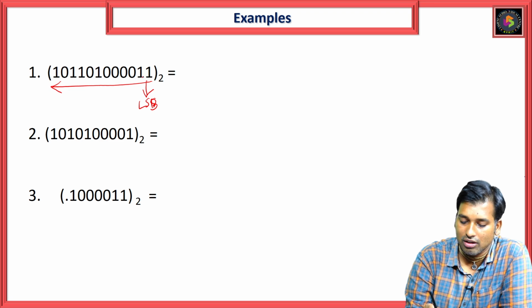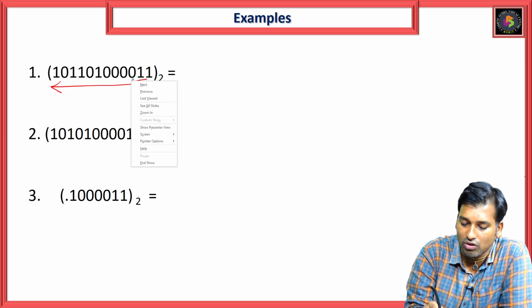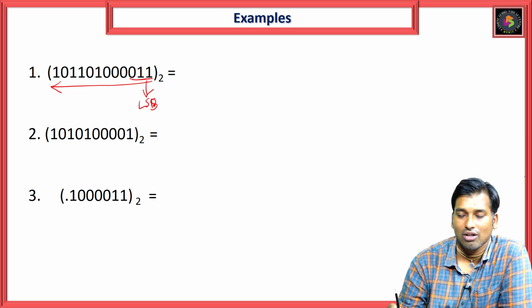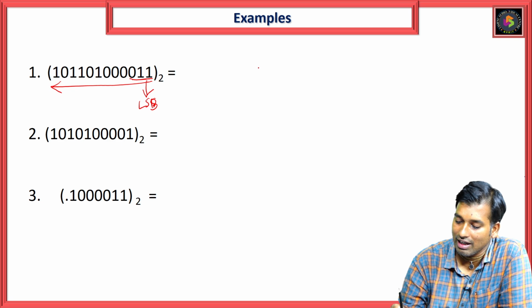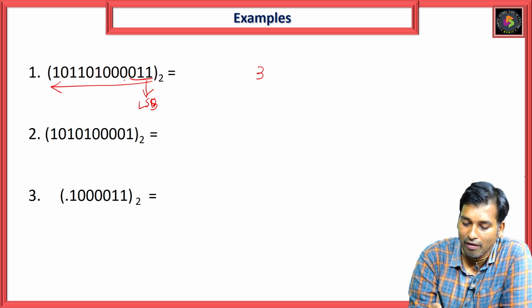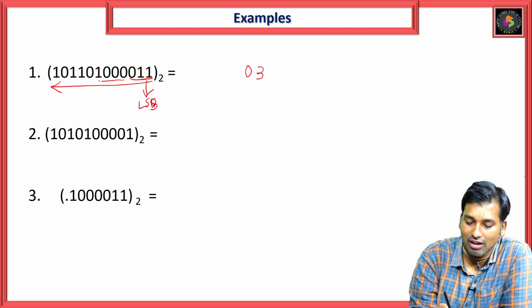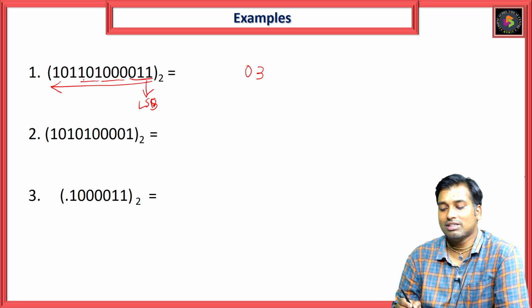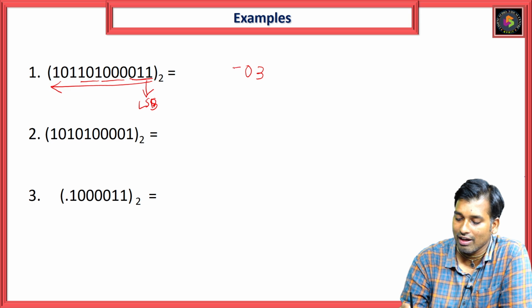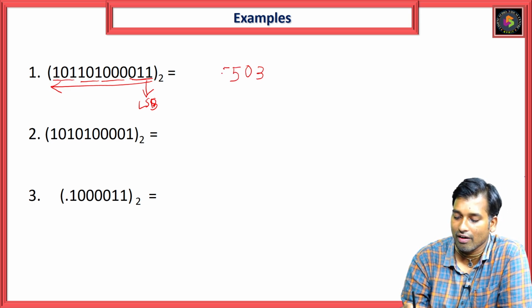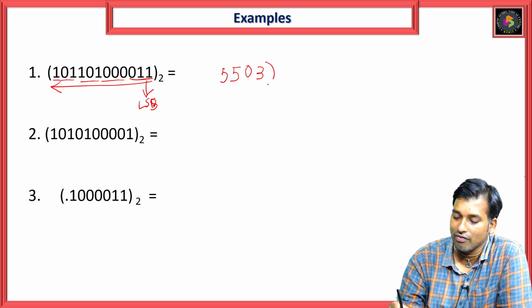For example, the first 3 bits correspond to 0, 1, 1. So 0, 1, 1 corresponds to 3 in the octal. Next 3 bits 0, 0, 0 is nothing but 0. The next 3 bits are 1, 0, 1. 1, 0, 1 is nothing but 5 in the octal. Then again 1, 0, 1 is 5. So this is nothing but 5503 base 8.